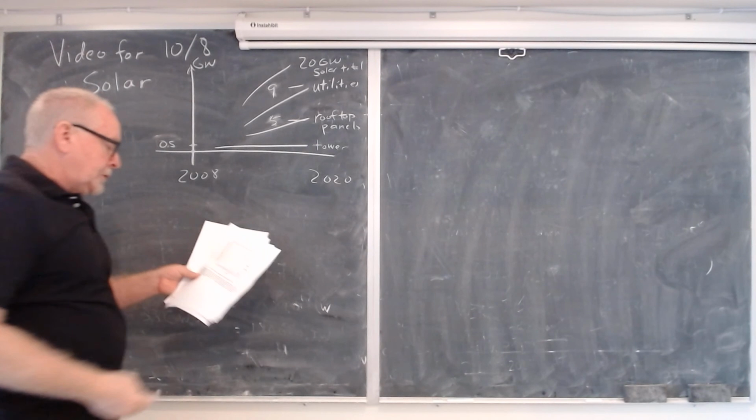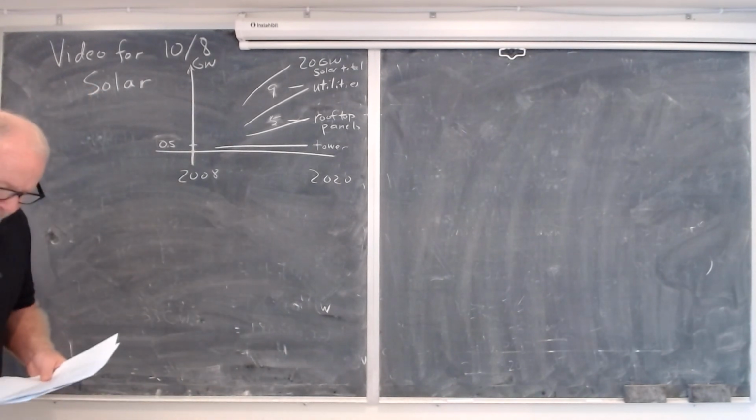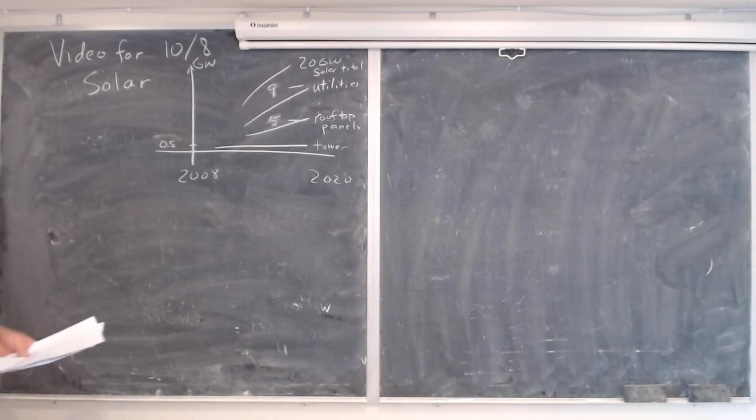It's interesting to look at this chart because it gives you a perspective of how much of solar is being driven by the homeowner and how much is being driven by utilities. Currently it's about 2 to 1 utilities, which is probably around what you would expect.